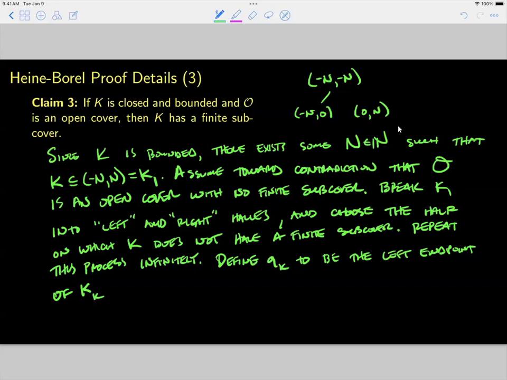Define a_k to be the left endpoint of K_k and b_k to be the right endpoint. Well, what happens then? The intervals are getting smaller every time, so a_k and b_k have to be converging to the same value. Call it K.